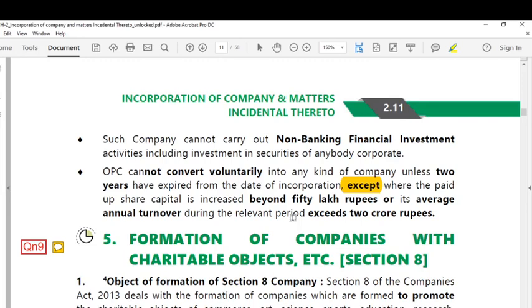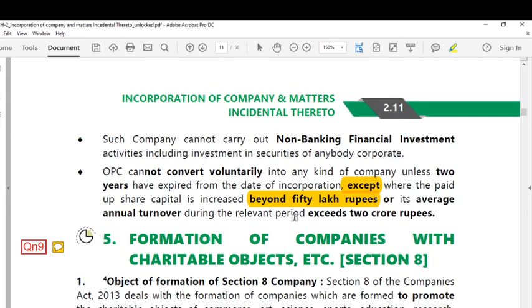What is that exception? Where the paid up share capital is increased beyond 50 lakhs. In such a case, an OPC can be converted into a private company. You understand the point? So, if the paid up share capital is increased beyond 50 lakh rupees, in such a case, within the first 2 years from the date of incorporation of OPC, it can be converted into any kind of other company also.